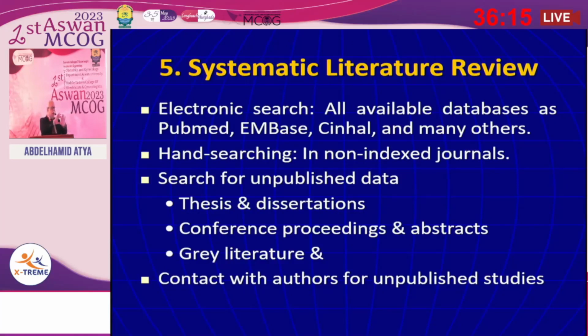These hundreds of PICO questions are given to different groups. Each group has only one question. They start systematic literature search and the literature review. They look for every bit of a study on this specific, very small question.